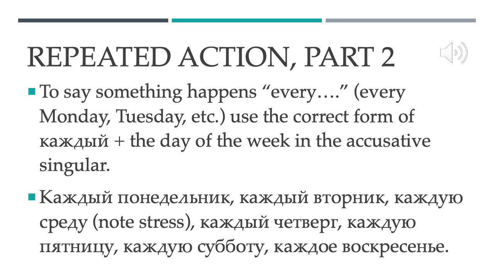Same for каждый вторник, every Tuesday. But каждую среду, every Wednesday. Note the stress shift. Каждый четверг, every Thursday. Каждую пятницу, every Friday. Каждую субботу, every Saturday. And каждое воскресенье. It's neuter, so we're going to have каждое. Каждое воскресенье, every Sunday.